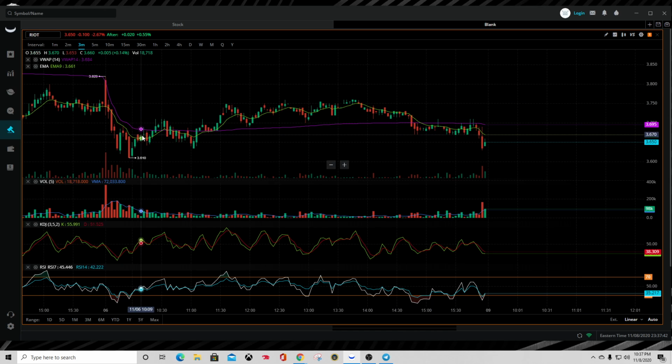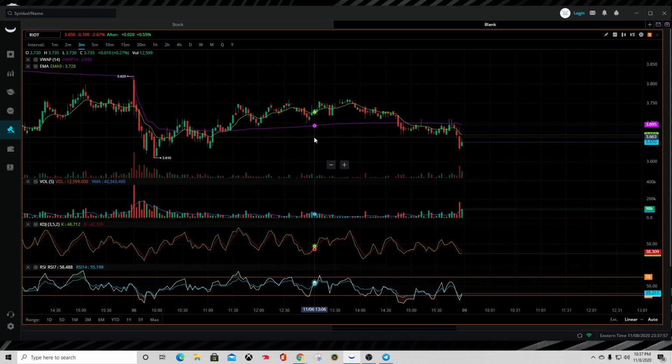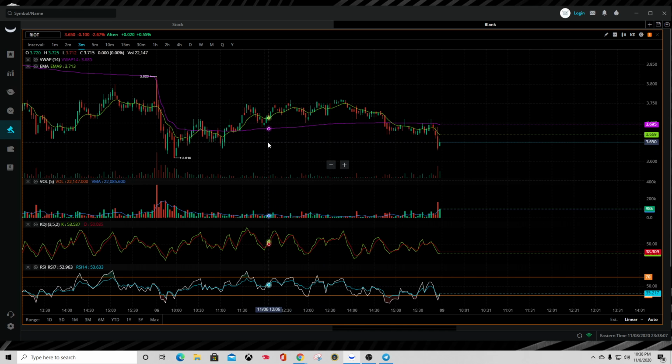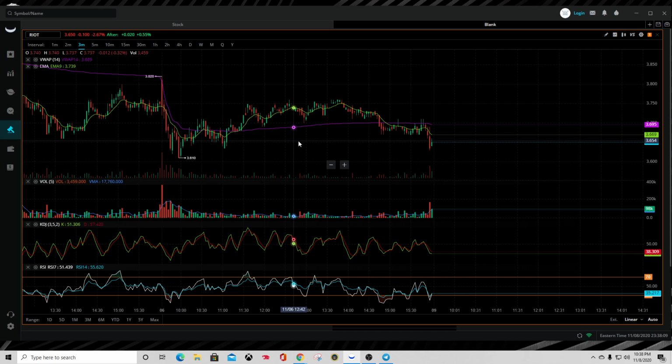Ideally, what you want is for it to have the cross, wait for a pullback, enter on that pullback if it holds VWAP, and then expect the stock to go higher. If it doesn't, you can stop out at VWAP or wherever that support zone is. Remember, you want to stop out where there's actually a support zone, not where you want to stop out, whether it be VWAP or some other support zone, like the initial morning high, prior high, even a prior low where it found support, like maybe the low of day.